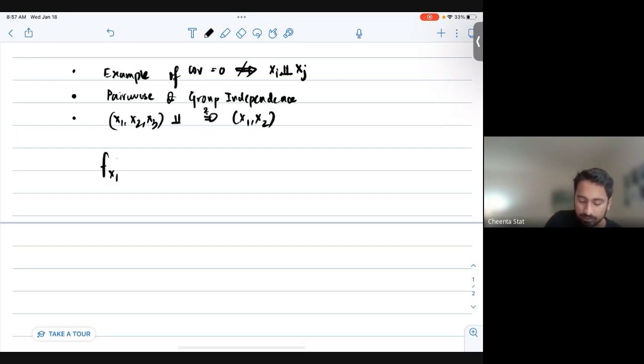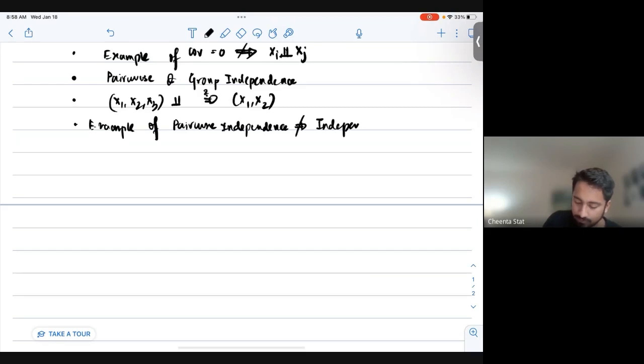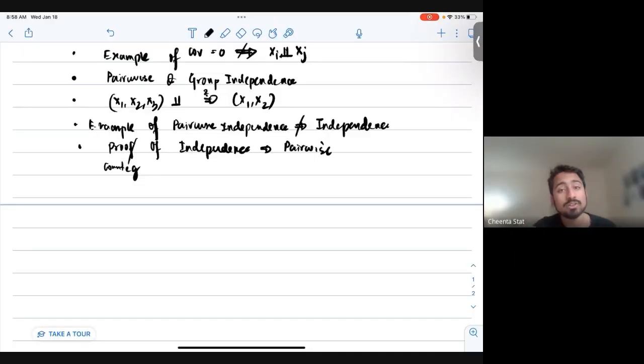Examples of pairwise independence not implying independence, and also a proof or counterexample of independence implying pairwise independence. You need to revisit all of these concepts.